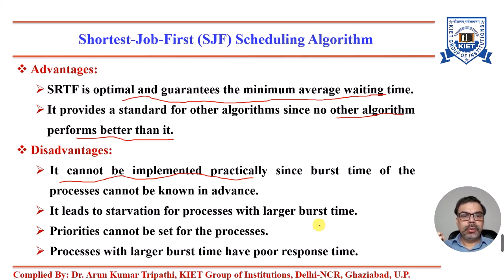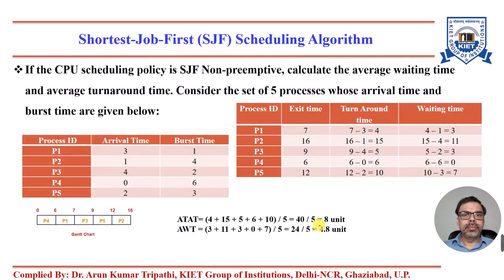Priority cannot be set for the processes. A process with a larger burst time has poor response time because it has to wait a long time until it completes. It will not be allocated the processor, so how will it get a response? Definitely there is poor response time.